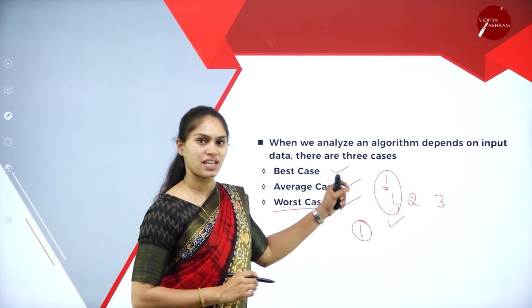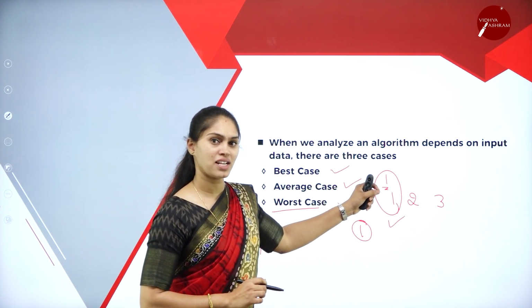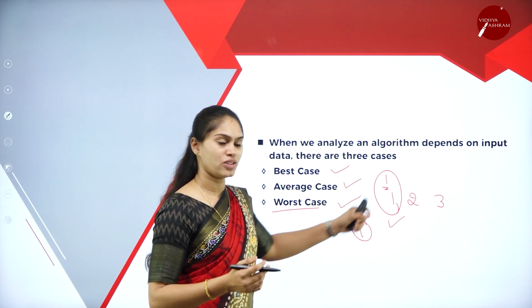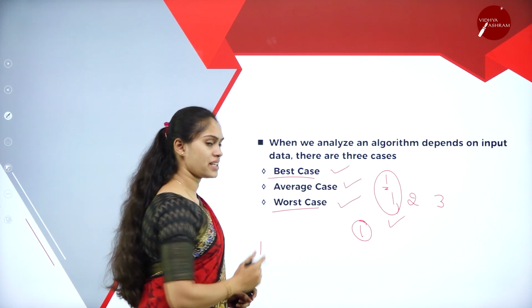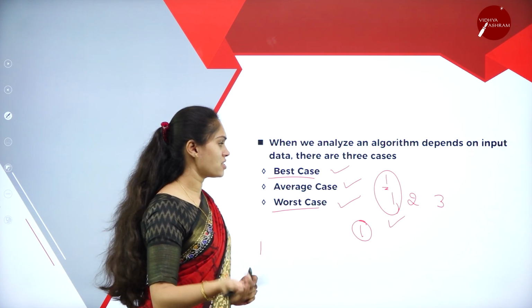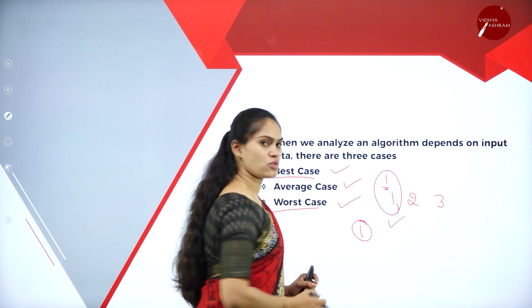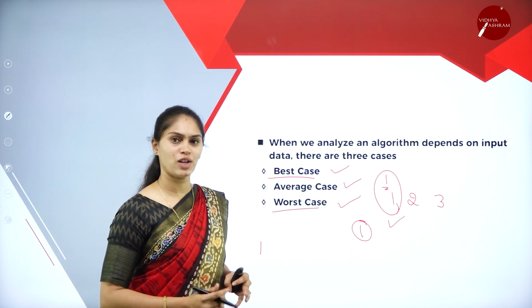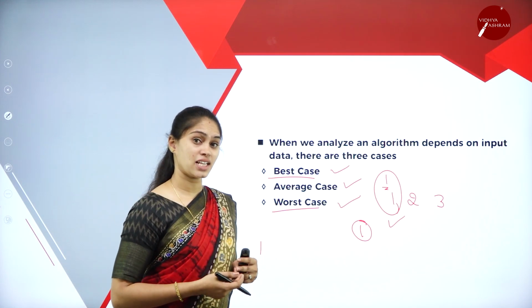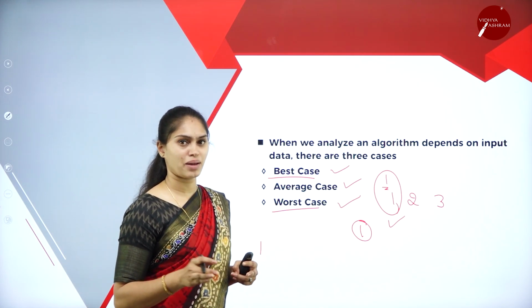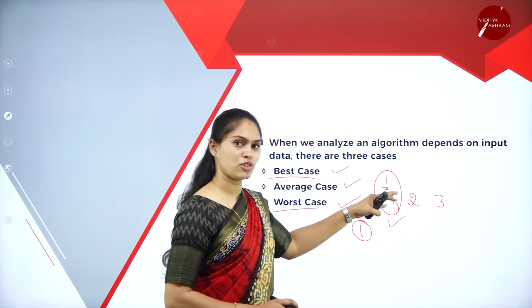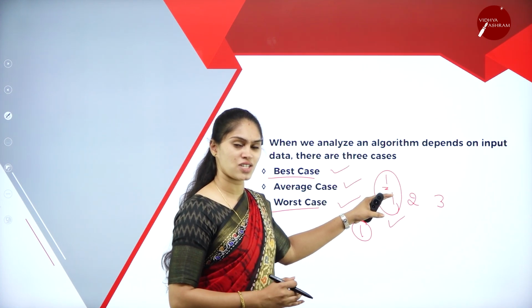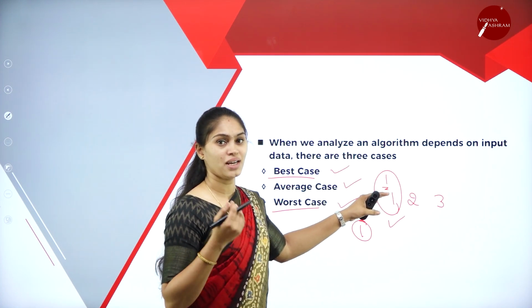That means I am checking for 1 and I found the match in the first location itself. So I can take that as the best case, because I am not considering the other two values. If I considered them, it would take time and space, but that is none of my business. I get the value in the first location itself, so for me it will be the best case.